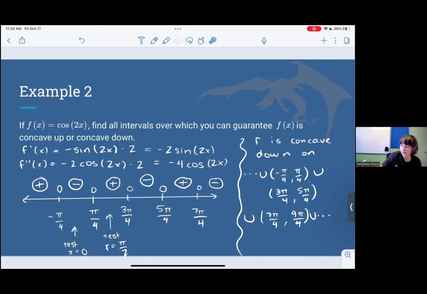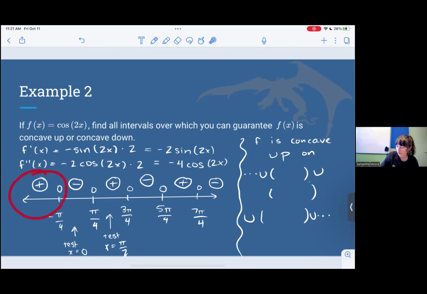And then similarly, we can talk about where f is concave up. And it's going to be on all the regions where f double prime was positive. We're going to do our dots because, again, we're going to have infinitely many options. And then I'll just label a few of them to give my reader the pattern.